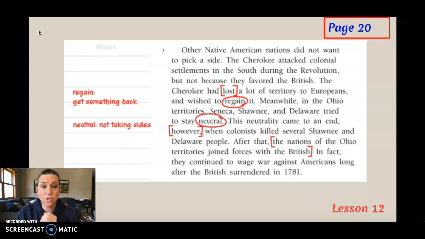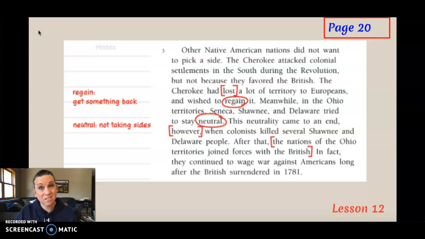And then I've circled the word neutral. So I've also bracketed two spots there, however, and then I've bracketed the nations of the Ohio territories joined forces with the British. So it says Seneca, Shawnee, and Delaware tried to stay neutral. Then it says however. So we're comparing and contrasting.